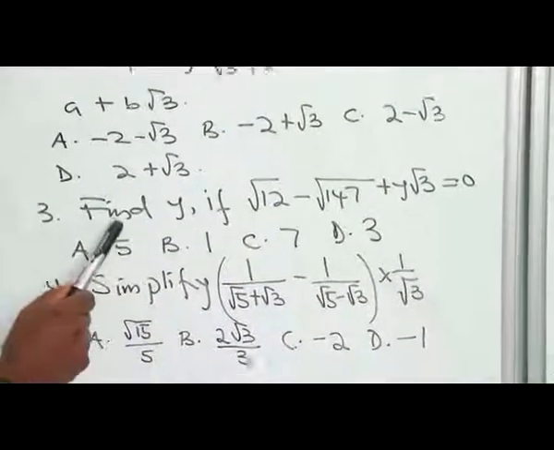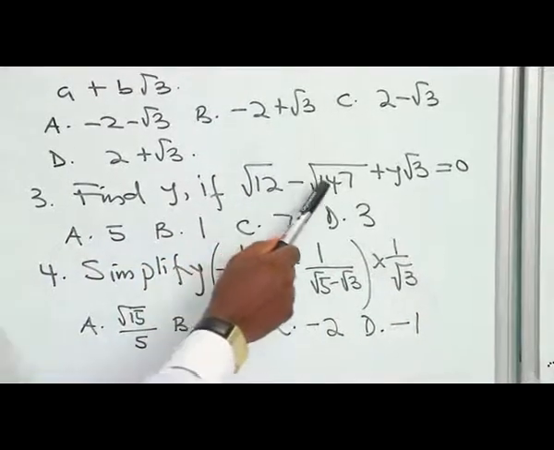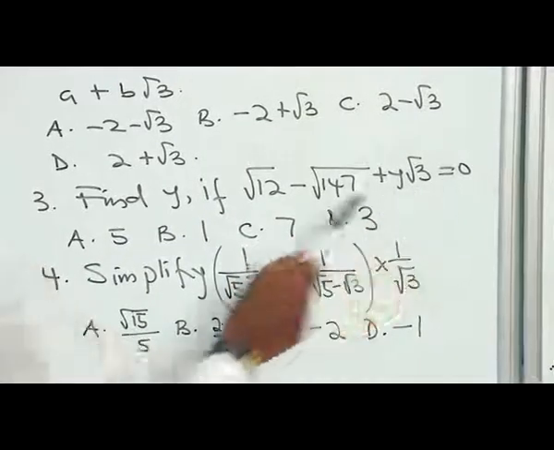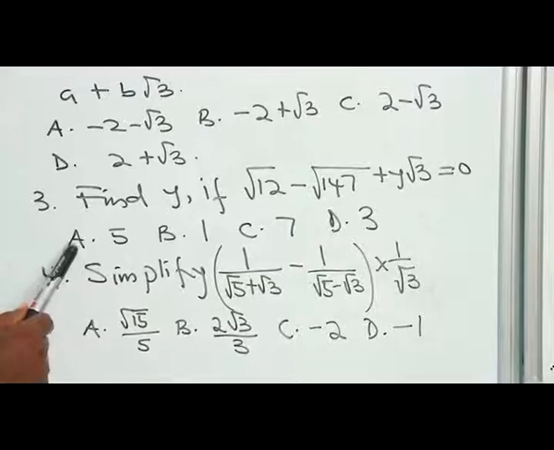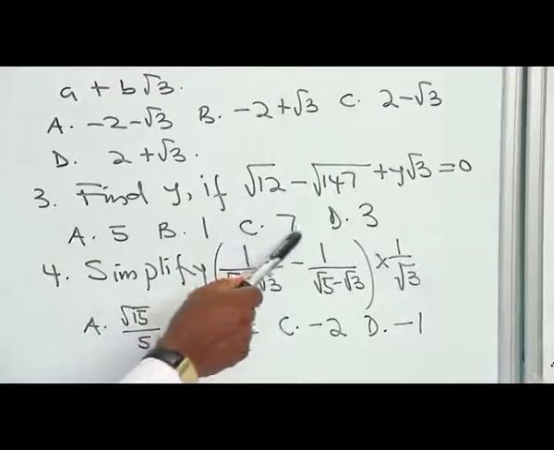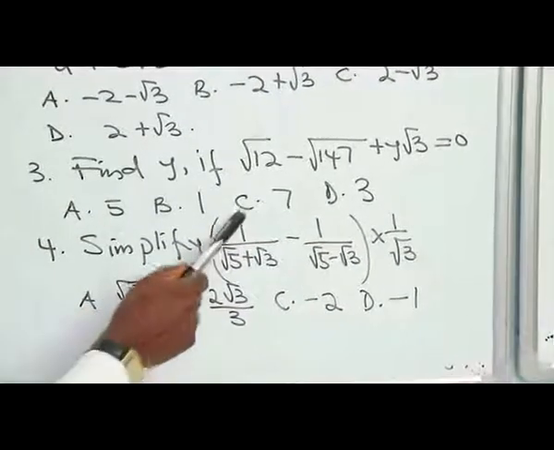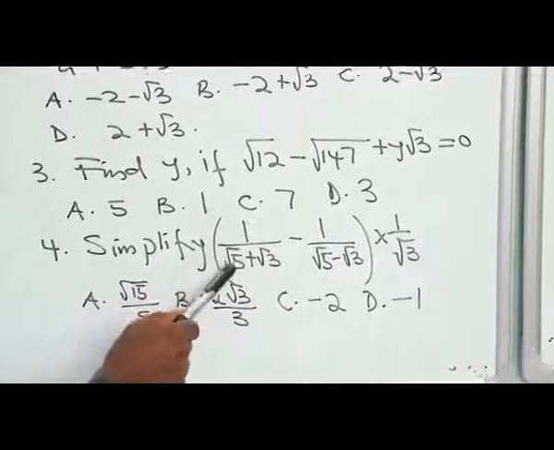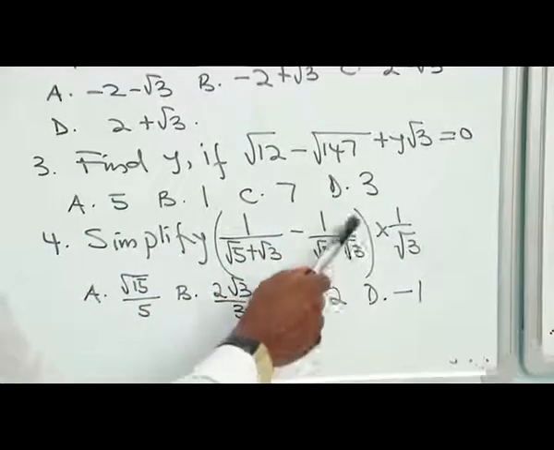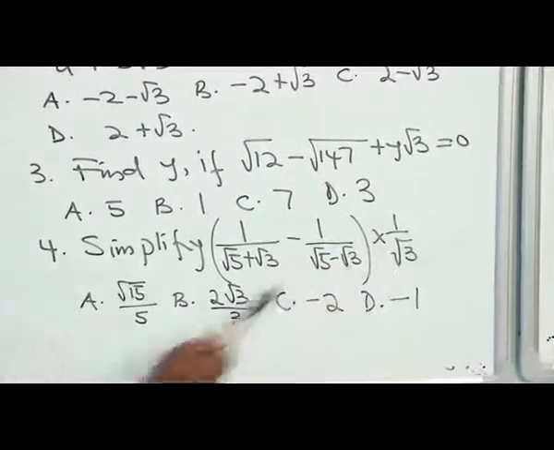Number 3, find y if root 12 minus root 147 plus y root 3 equal to 0. Options are A, 5, B, 1, C, 7, D, 3. Number 4, simplify bracket open 1 all over root 5 plus root 3 minus 1 all over root 5 minus root 3, bracket closes, times 1 all over root 3.